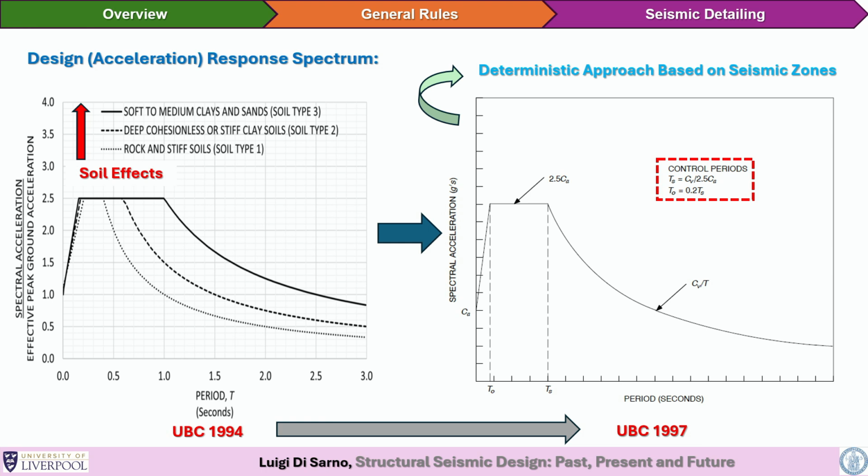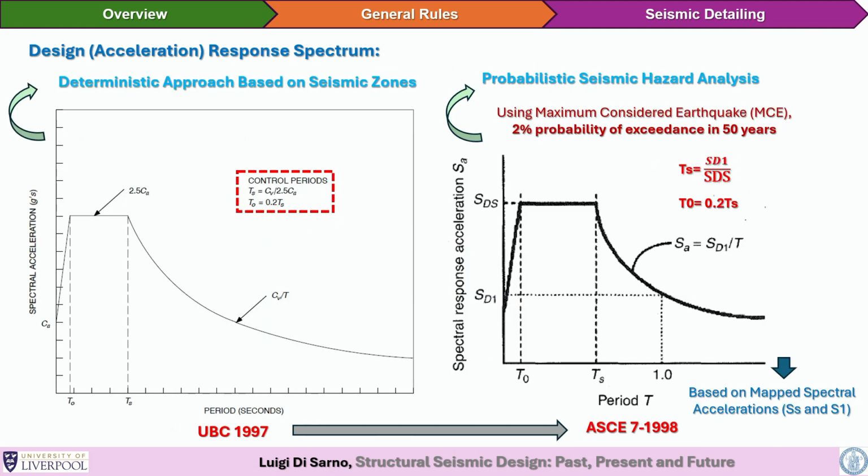But again, you can't prevent the development of those areas, so you are going to increase the design amplification for larger periods. This starts to have a more common type of modern approach in 1997, which really starts the change in the US with the control points. And control points are these two that then will correspond later to the 0.2 second and 1 second, the 2 periods that were implemented for seismic design.